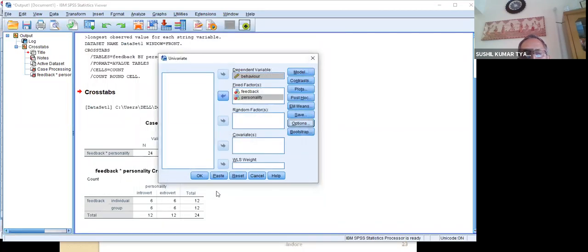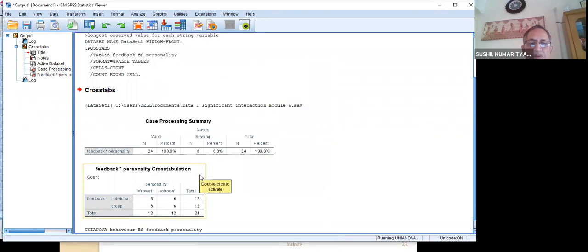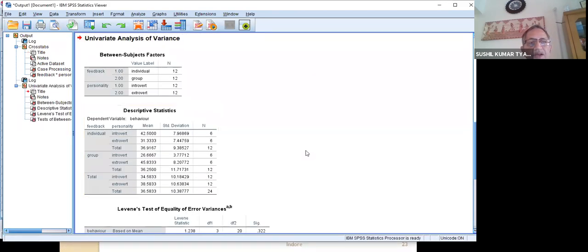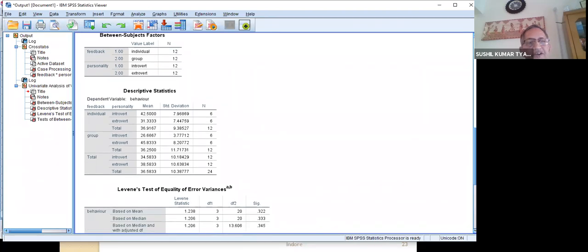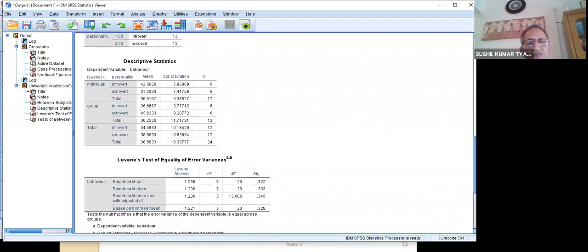And then let us first see whether the 3 F values are significant or not. That will decide whether we should follow up or not. So we are conducting the main ANOVA, the general test for ANOVA. These are the descriptive statistics.